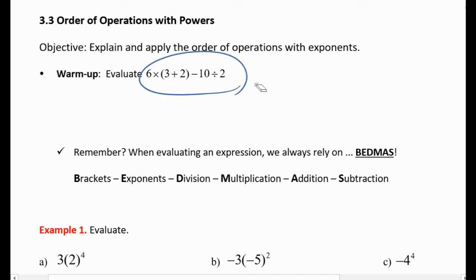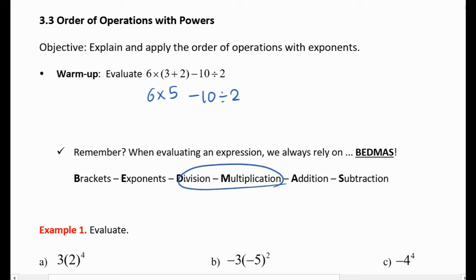So which operation do we have to do first? The bracket, right? 3 plus 2, which is 5. And we have multiplication and subtraction and division. So we do either division or multiplication first. But multiplication comes first, so we're going to do it first. 6 times 5, which is 30.